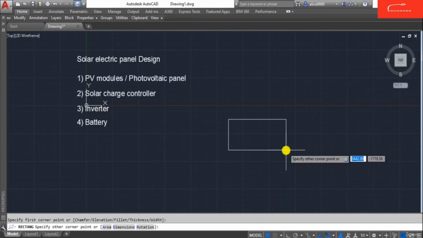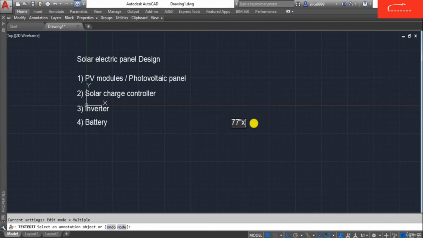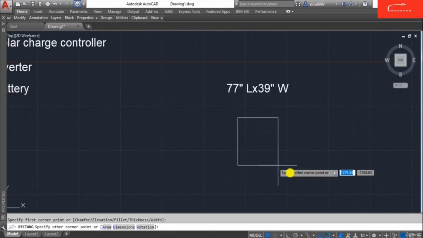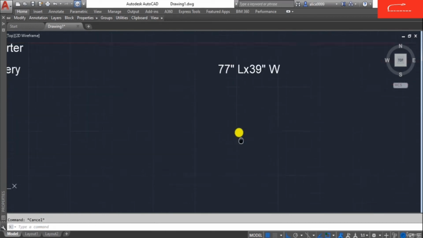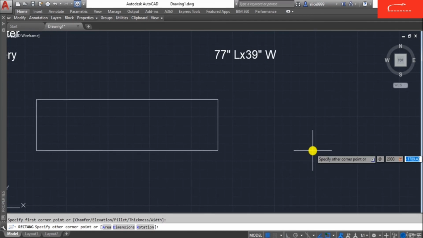For example, the standard size of a solar electric panel is 77 inch by 39 inch. 77 inch is the length, whereas 39 is the width of the solar electric panel. 77 inch is approximately 2 meter and 39 inch is approximately 1 meter. So I will design the solar electric panel in the metric system, that is 2 meter length and 1 meter width.